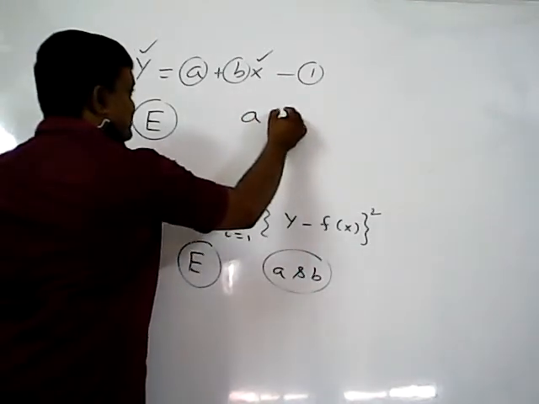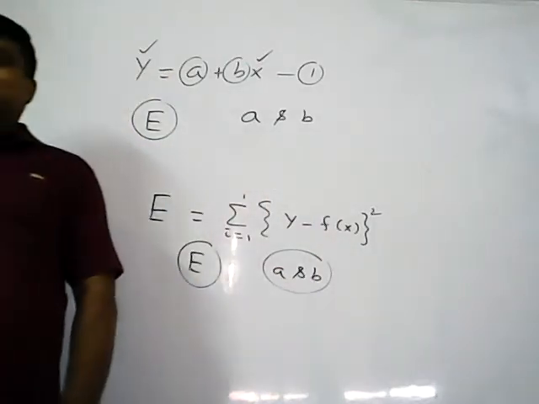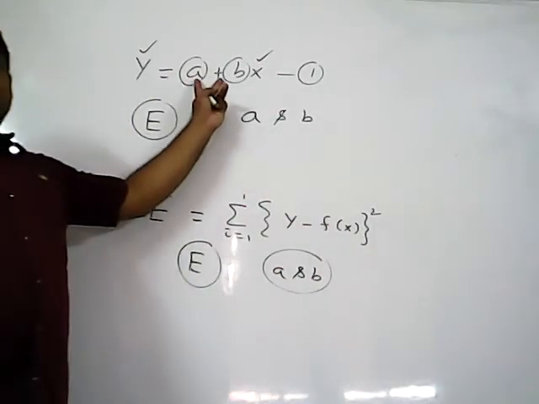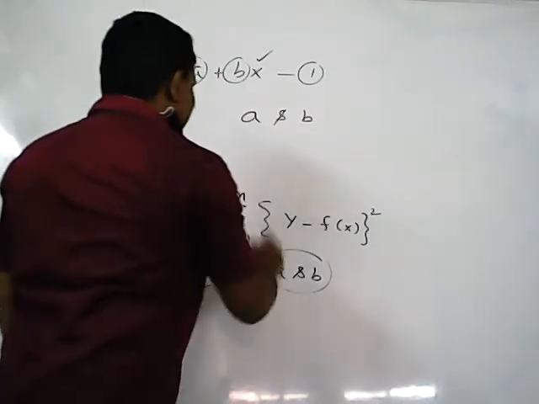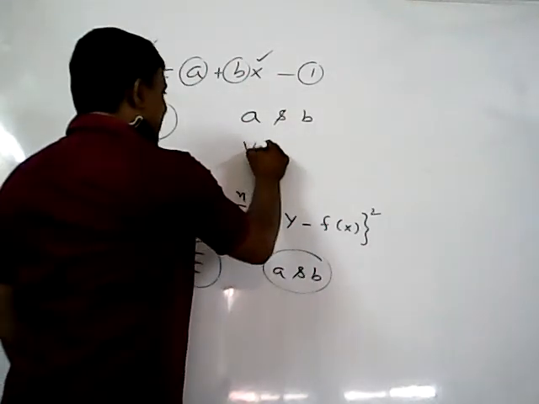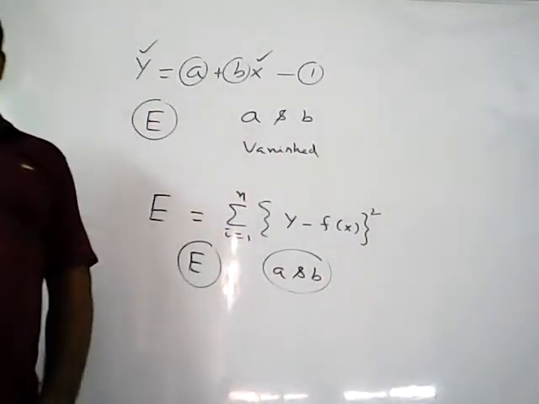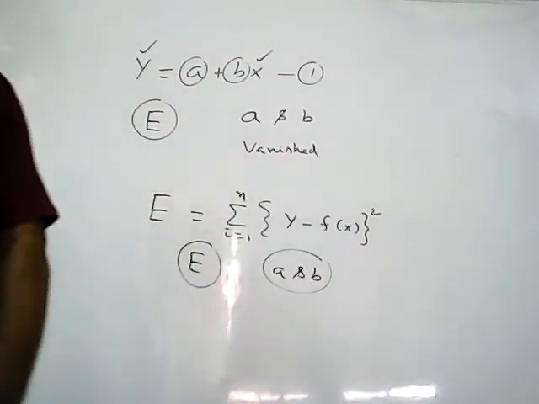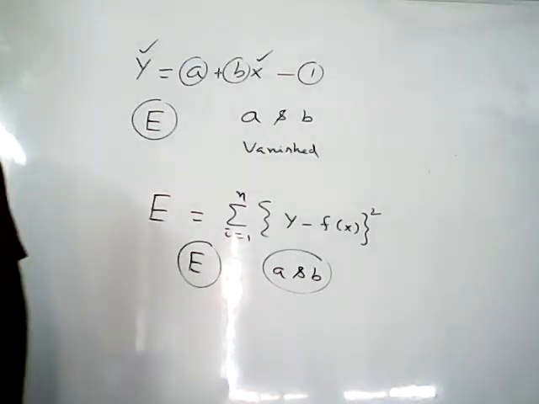What are the constants? Small a and small b. With respect to the constants A and B, because only 2 constants are there, A and B, must be vanished. Vanished means equivalent to 0. Vanished, V-A-N-I-S-H-E-D. Must be vanished separately.